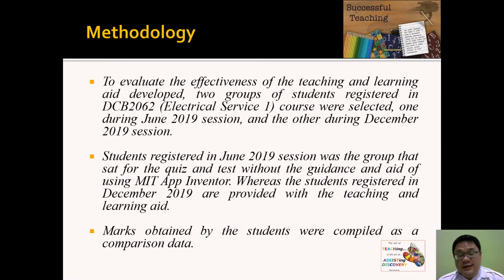So how am I going to conduct this methodology? Firstly, I want to evaluate the effectiveness of the teaching and learning app developed. Two groups of students are registered for this course: one is the June 2019 session and the other is the December 2019 session. The students registered in the June 2019 session will be the group that sits for the quiz and test without the guidance of the MIT App Inventor app, whereas the students registered in December 2019 will be provided with the teaching and learning app.